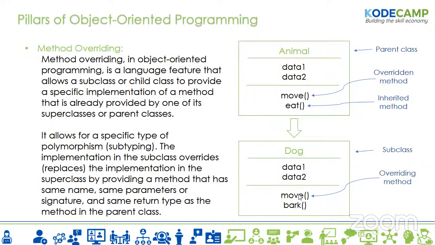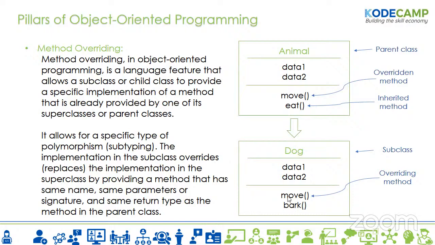Now, this is happening at runtime. It is first going to ask, do I have a move function in this class that is overriding this? If there is none, let me check the parent class for a move function.